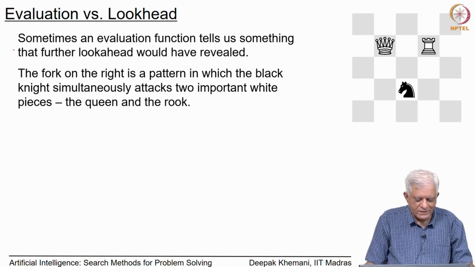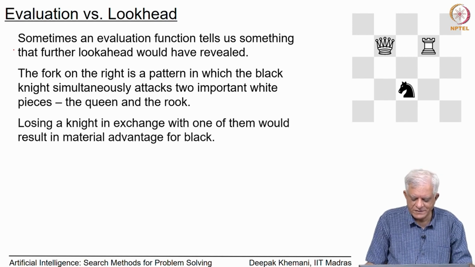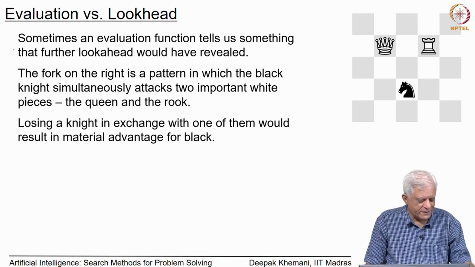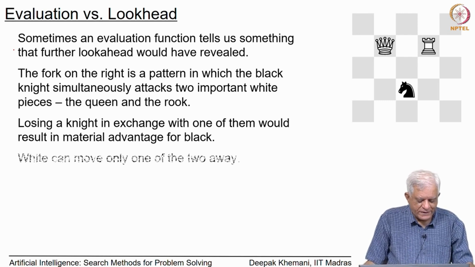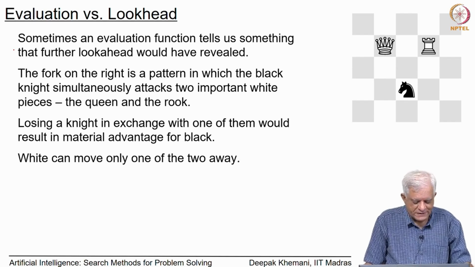So, if the black player could exchange the knight with the rook, then the black player would happily do that, because it would give the black player material advantage. The white player can only move away one of the two pieces. So, that is why it is called a fork, that white has limited choice, which is to either move away the queen or move away the rook essentially.